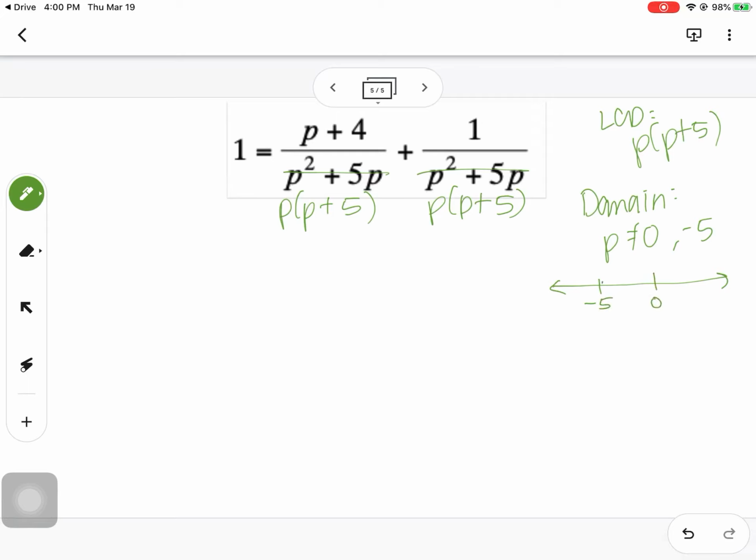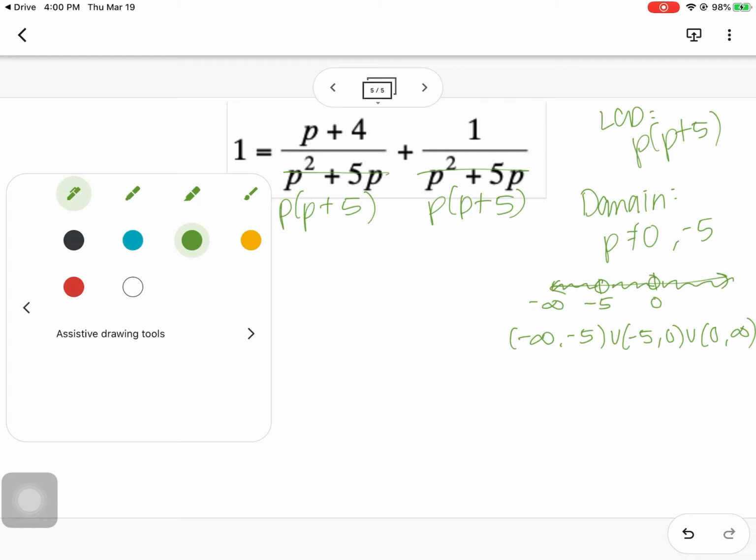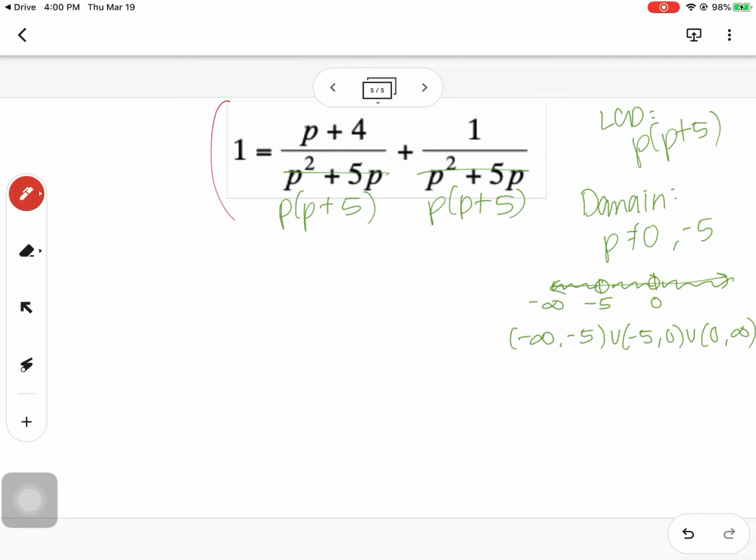So again, if the number line helps you, it can be everything from negative infinity to -5. It can be everything from -5 to 0. And it can be everything from 0 to infinity. So I expect any answers in those regions.